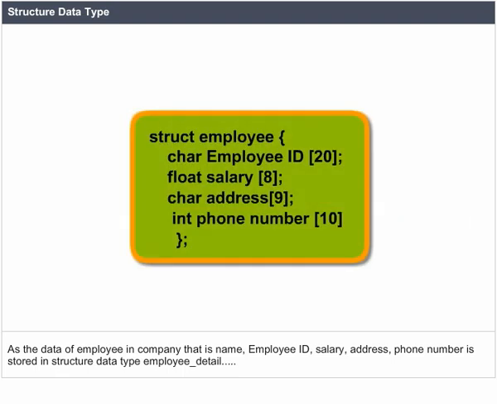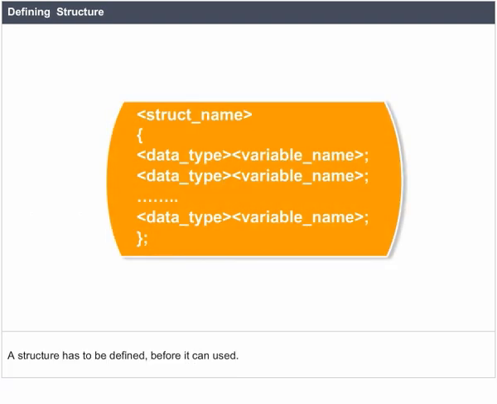For example, the data of an employee in a company, that is, name, employee ID, salary, address, phone number, is stored in structure data type employee detail.